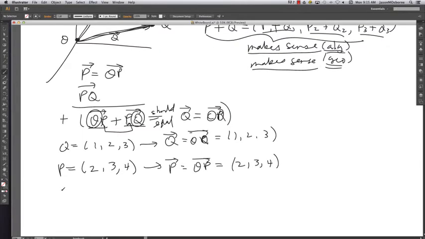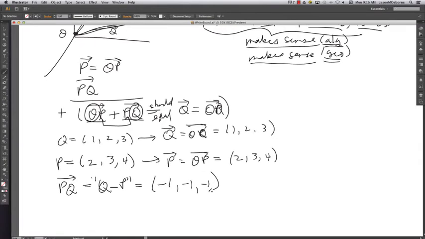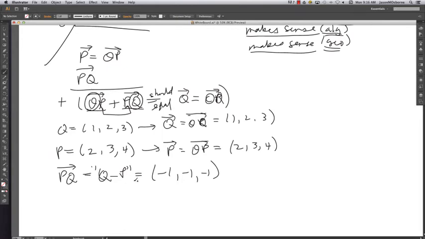Okay. Let's take the vector from P to Q. That is Q minus P, and the vector you get there is -1, -1, -1. Okay. So that is the vector from P to Q.